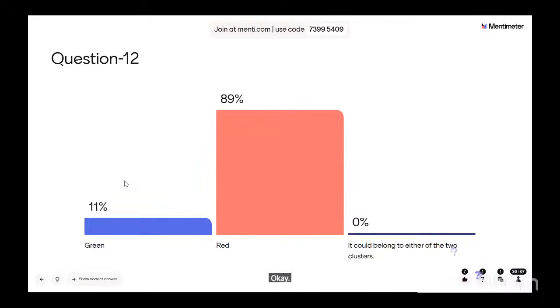Okay, so around 90% of people say it's red, which is in fact the correct answer here.